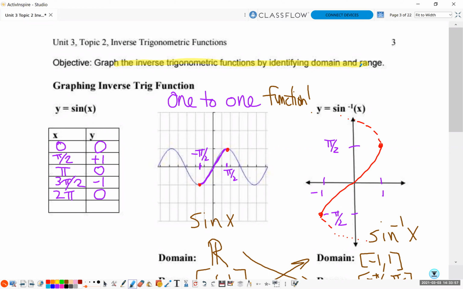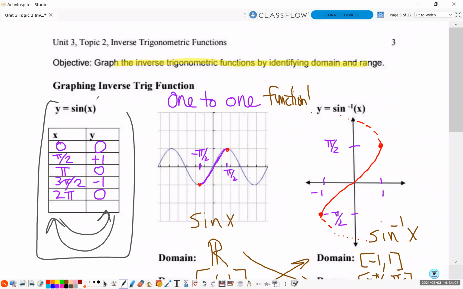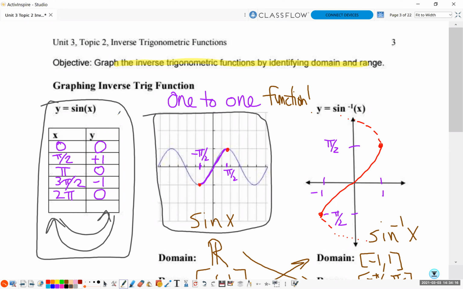An inverse is undoing. It's also a switching of x and y values. So this table is sine of x. I took either the unit circle or this graph and plotted the 5 critical values.